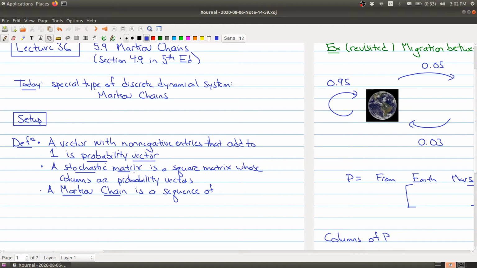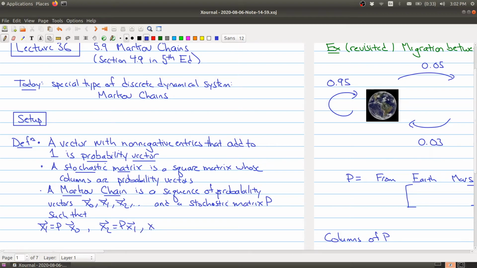And a Markov chain is a sequence of probability vectors x0, x1, x2, and so on, and a stochastic matrix P, such that really what you have is a dynamical system. x1 is P times x0, x2 is P times x1, x3 is P times x2, and so on.